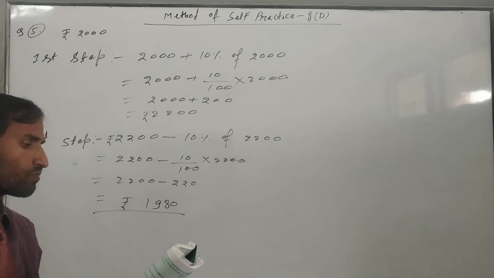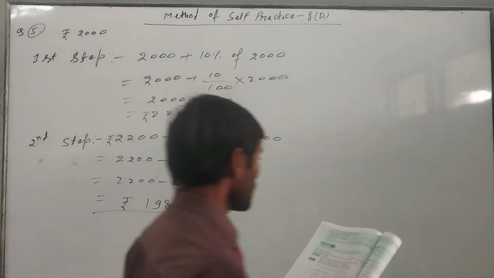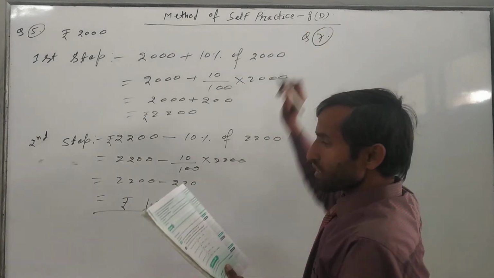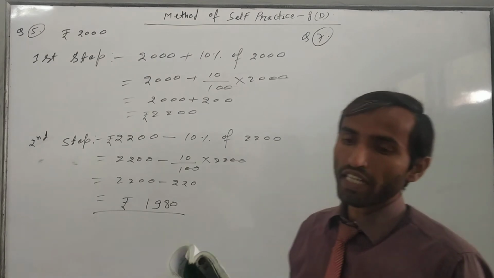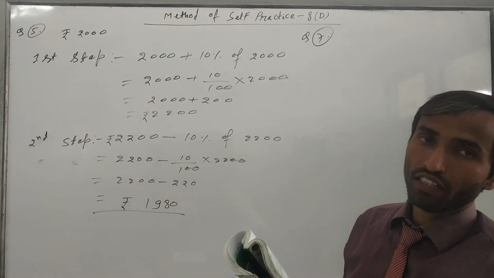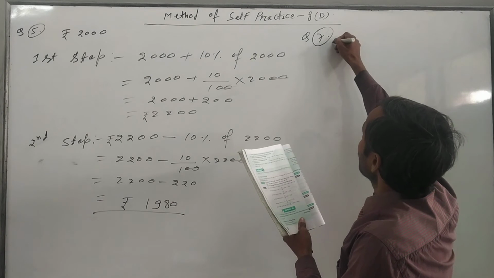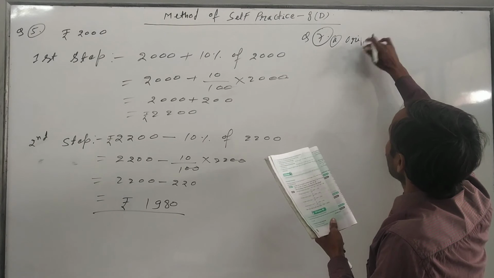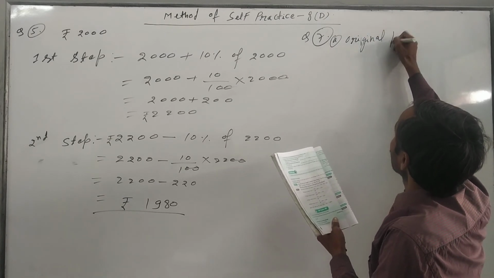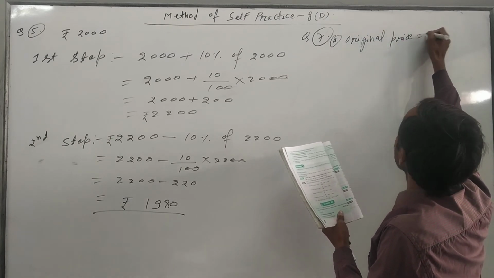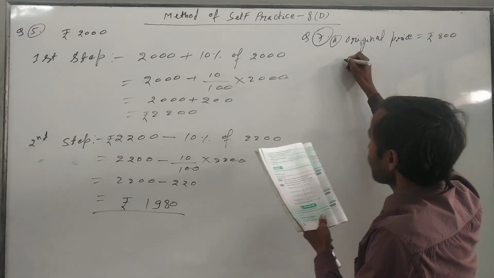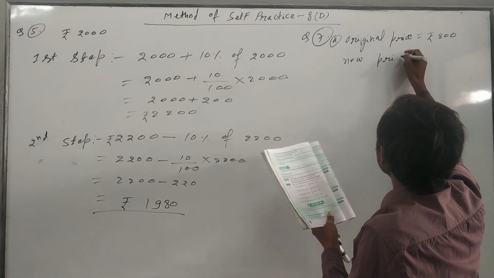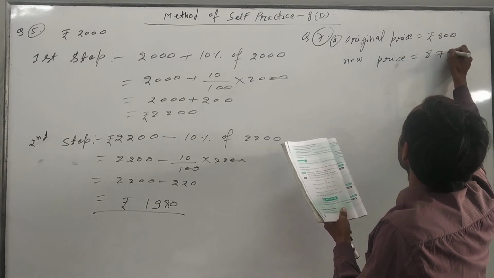Question number 7, first part. All of you see here, in question number 7, two amounts are given, one original and the second an increased amount. So we have to find the percentage increase. In the A part, the original price is rupees 800 and the new price is 872.